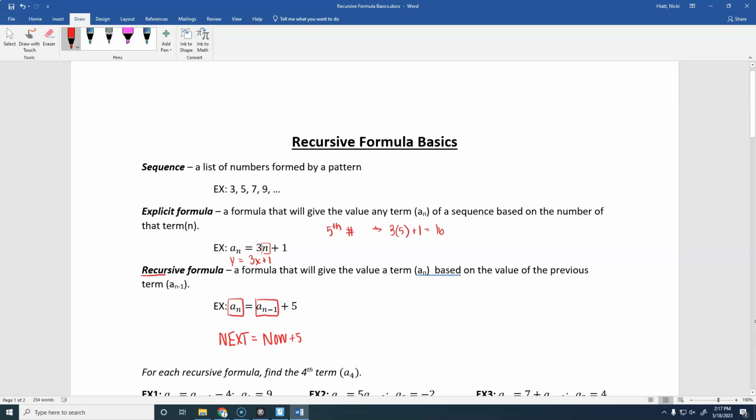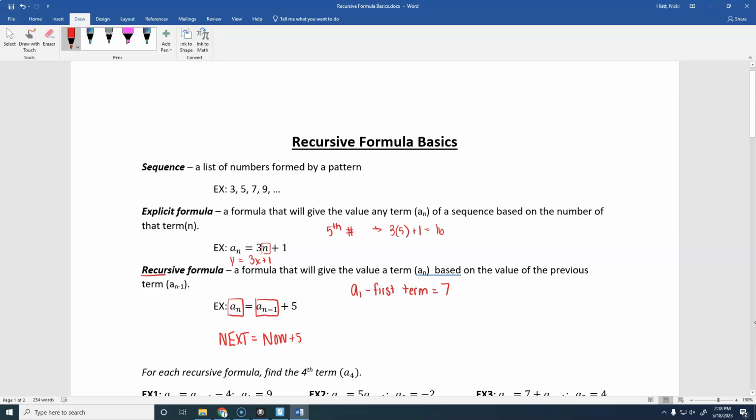So a sub n, if I want to find the next number, I take what I've got now and I add 5. Okay, so let's say that I knew that a sub 1, which just means when I have an a with a little 1 behind it, that just means the first term, or the first number, equals 7 for this.